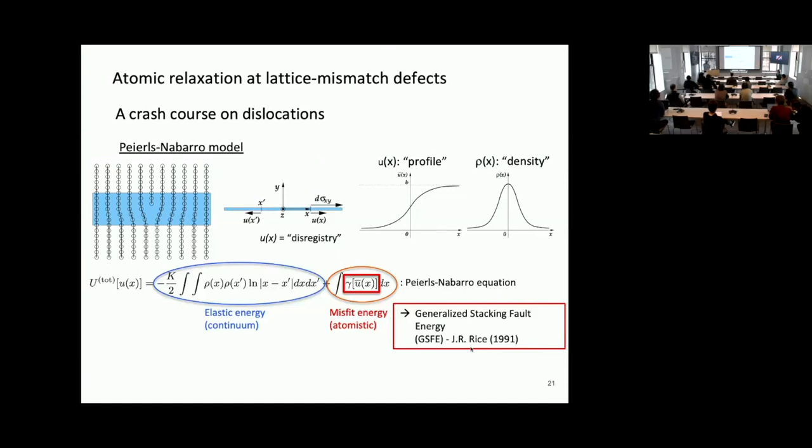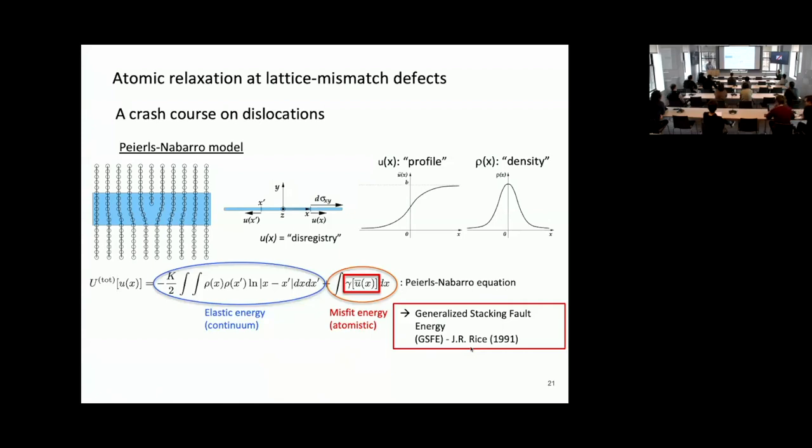If you cut the perfect crystal into halves and slide the top half with respect to the bottom half in all the possible ways, for a single periodic unit cell, you generate an energy landscape. That's the generalized stacking fault energy. This energy landscape is what produces the misfit energy. That was Jim's very important contribution.